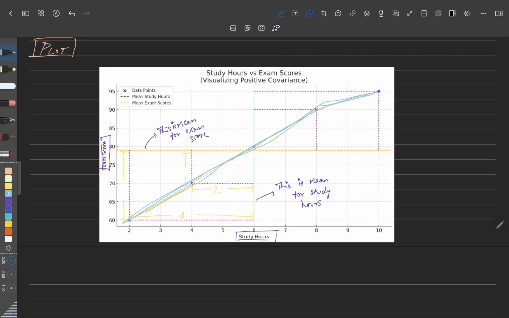I mistakenly said correlation earlier, but what I meant to say is that this is covariance. It shows that the covariance is positive because the slope of this line is increasing as the study hours increase, because with the study hours the scores are also increasing, so this line is effectively increasing. Hence this is the visual representation of covariance between study hours and the exam scores.